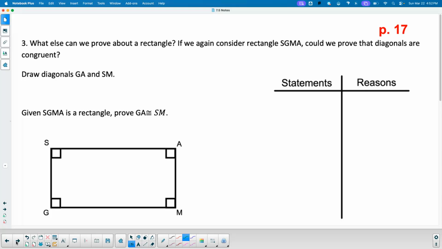First off, we're given that it is a rectangle. So we're given right here that it is a rectangle. So that would be statement number 1: SGMA is a rectangle.